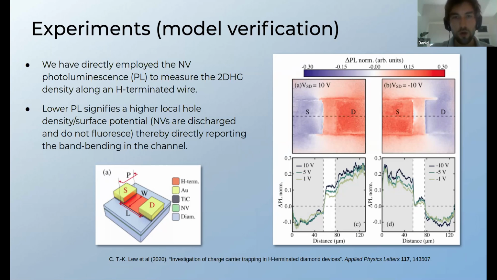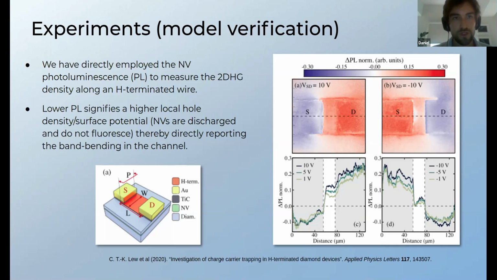And so hopefully one of the future directions of this research is that we will be able to do full electric field vector imaging of electronic devices fabricated on the diamond surface.